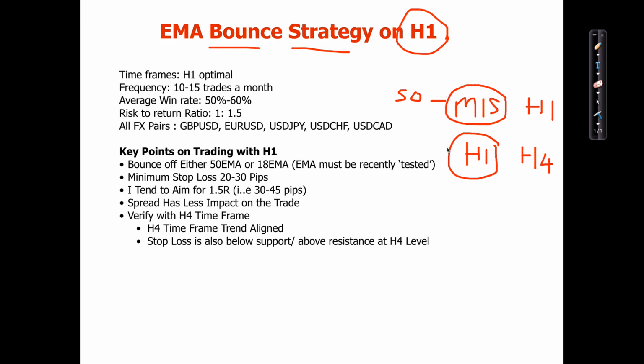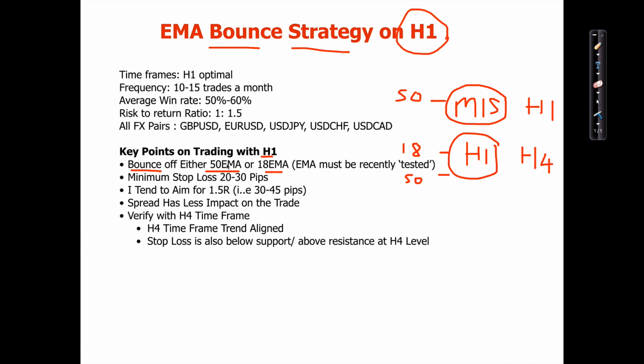But for the H1 time frame, I trade it on both, bouncing off the 18 EMA or bouncing off the 50 EMA. So that's one difference. But again, it has to be tested recently, really important.